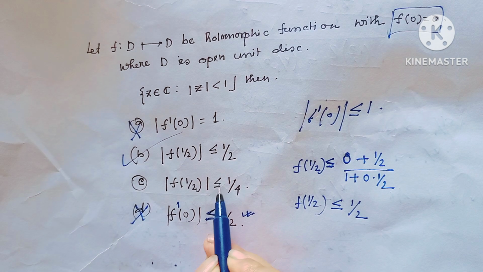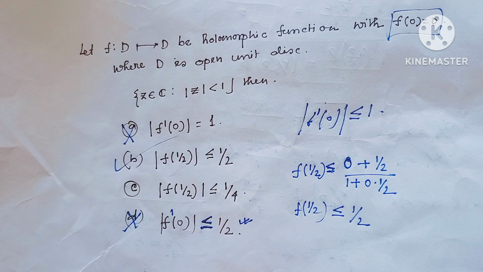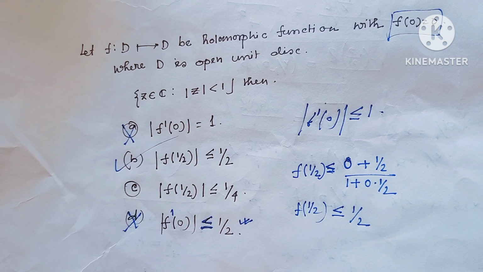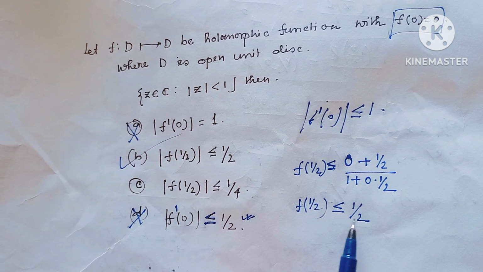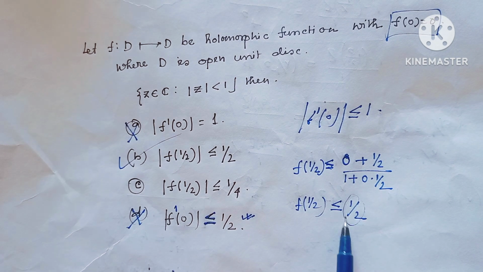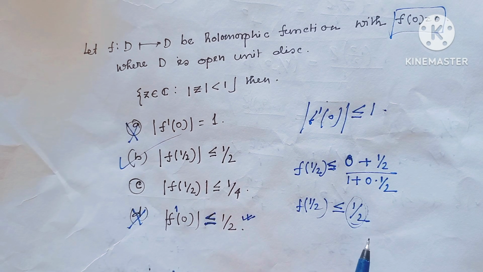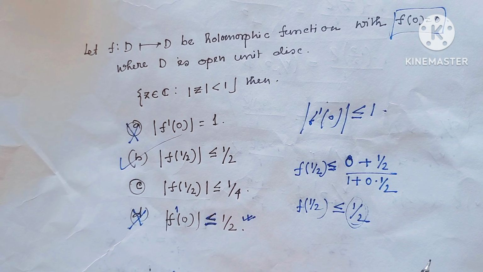If the question said |f(1/2)| less than 1/4, then this is possible, because |f(1/2)| ≤ 1/2, so less than 1/4 may be possible.